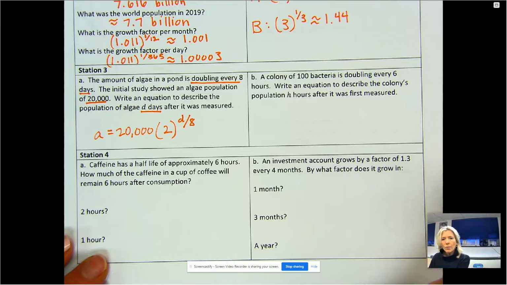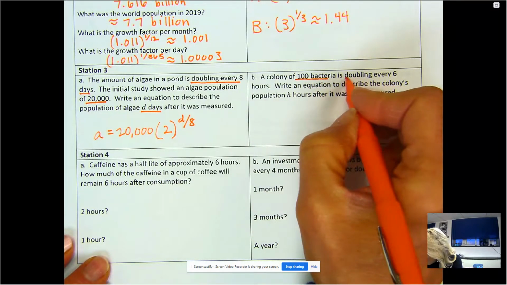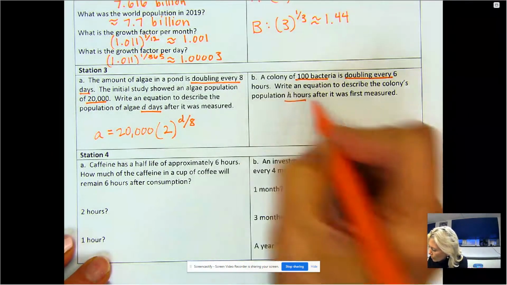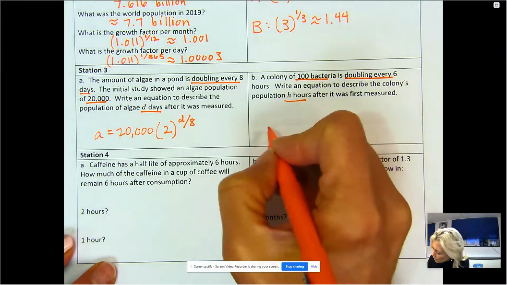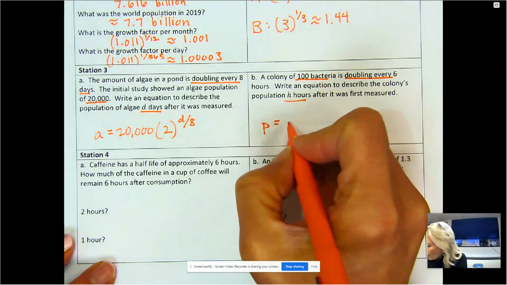A colony of 100 bacteria is doubling every 6 hours. Write an equation to describe the colony's population H hours after it was first measured. Again, I'll use P for population. It doesn't say what to use, so I can decide. I'm going to write mine a little bit differently this time.